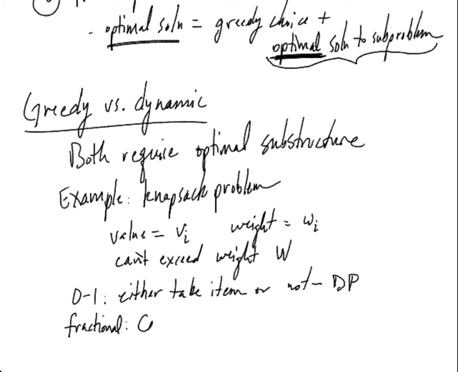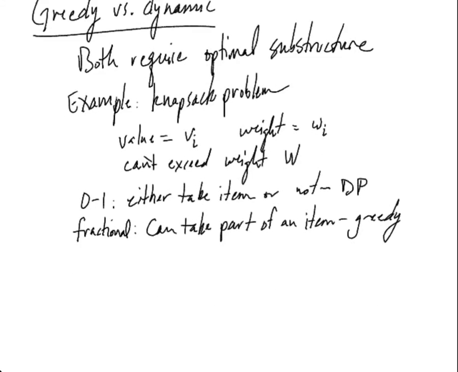And here we can take part of an item. So in this case, we might have a pile of gold dust, and a pile of silver dust, and a pile of copper dust. And so I can take the entire pile or part of the pile. And it turns out, interestingly enough, that this can be solved in a greedy manner. But both have optimal substructure.